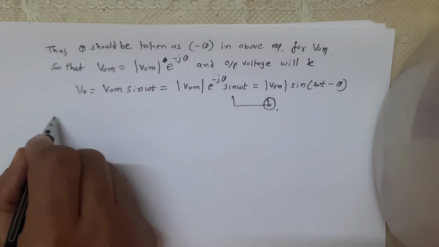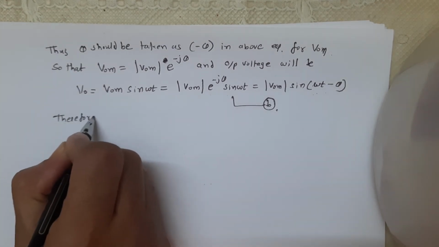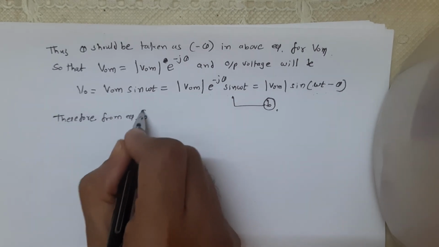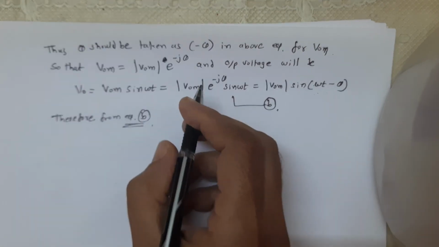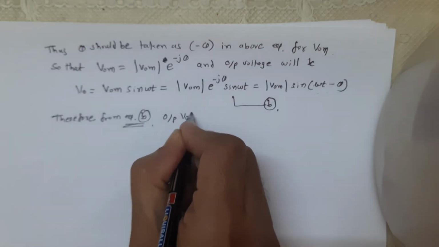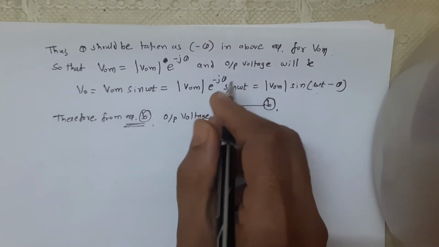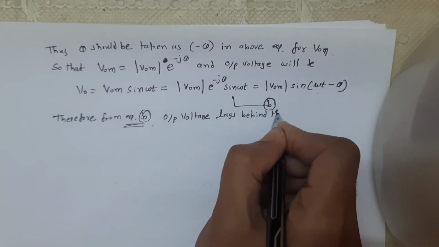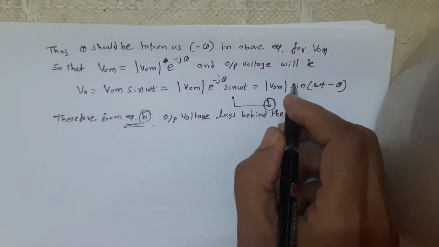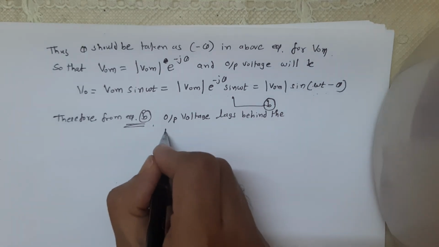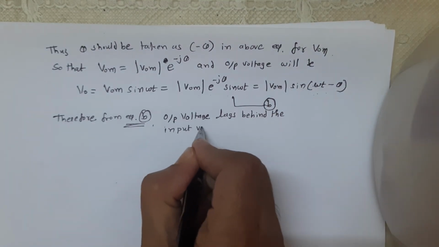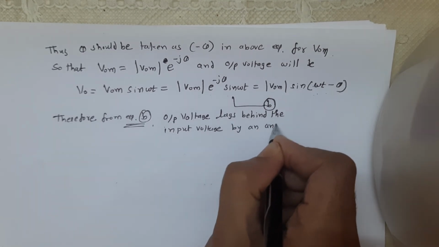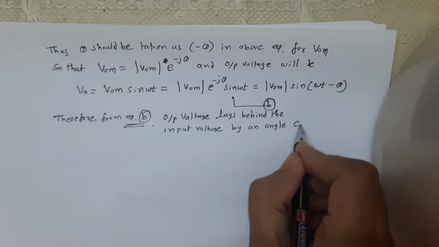So we can write, therefore, from equation B, we can say that the output voltage lags behind the input voltage by an angle theta.